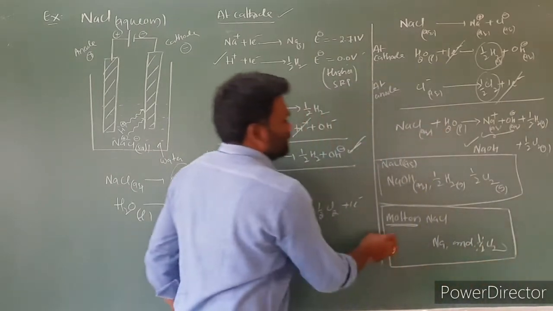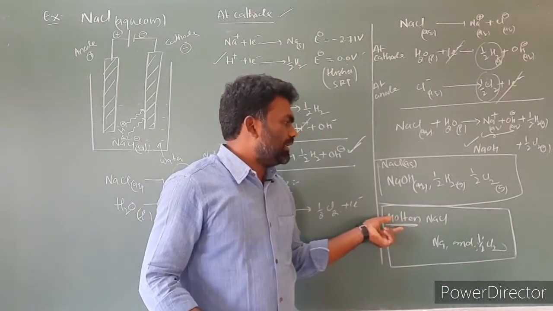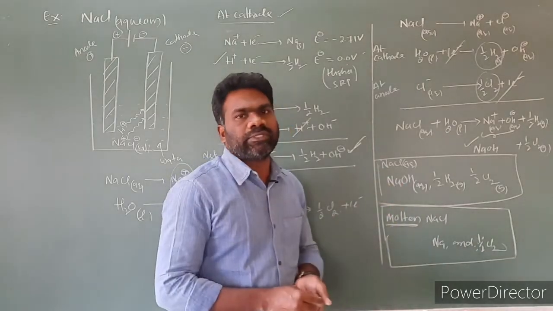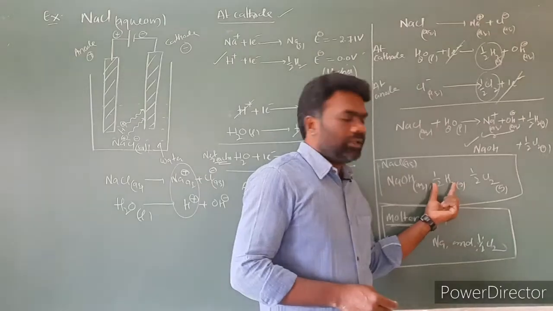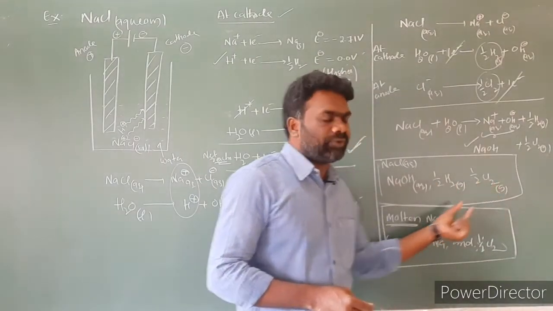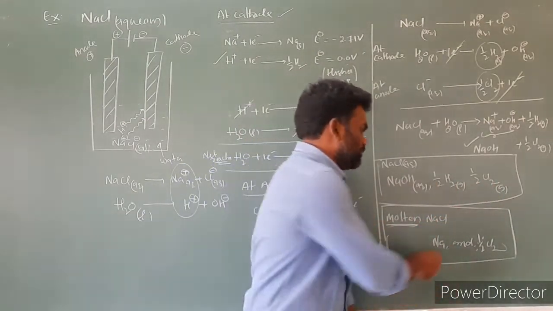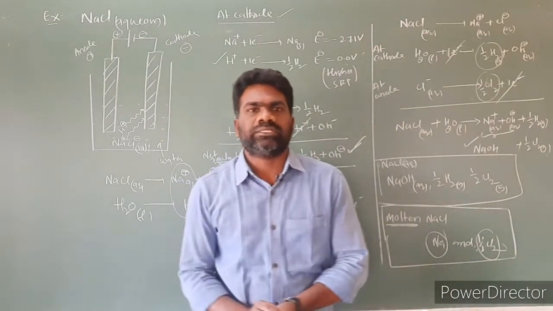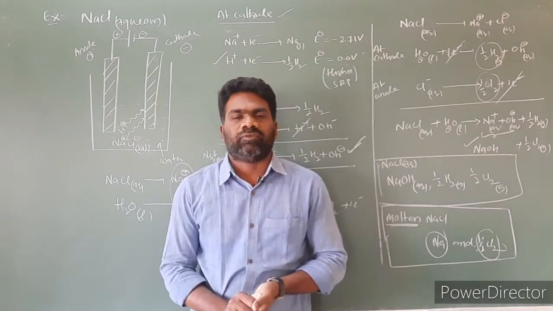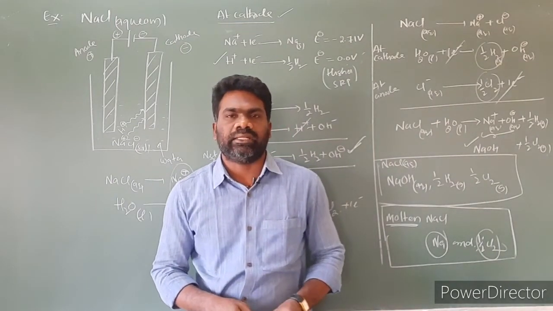Look, the products of molten NaCl are different from the products of aqueous NaCl. In molten state, only two products we got: sodium and chlorine gas. So these are the products of electrolysis of aqueous NaCl and molten NaCl.